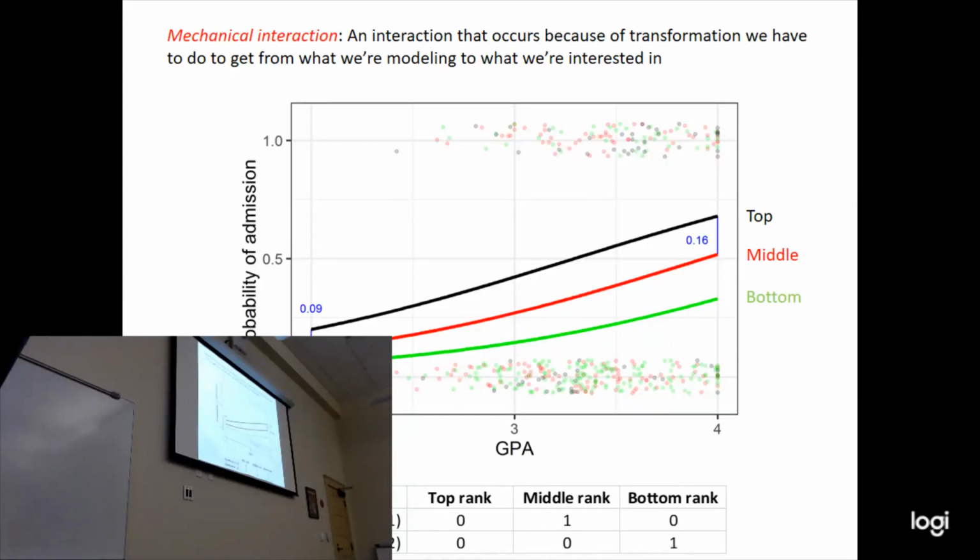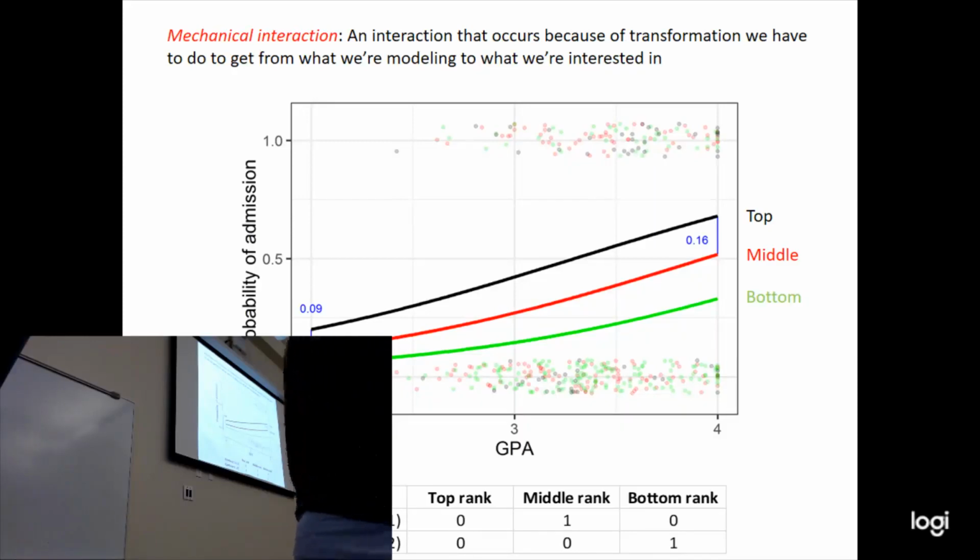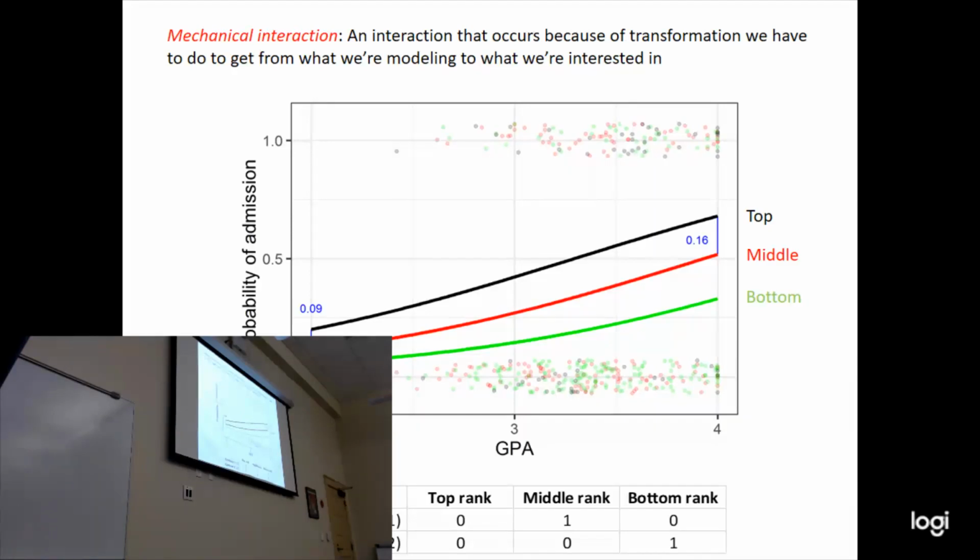Does that make sense? There's a blog post that I assigned that talks more about this kind of weird feature. I think it's short and pretty clear, and it also has links to other reading if you want to know more about this quirk. This is really all I want you to know, that you can get these mechanical interactions.